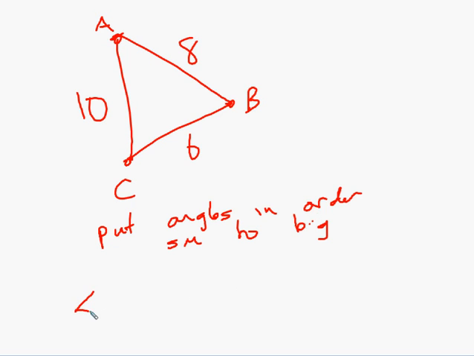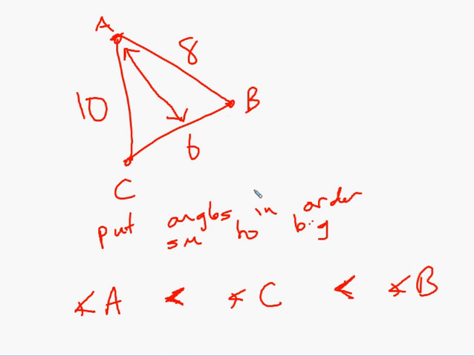Angle A. How do you know? Because the smallest angle is opposite the smallest side, and 6 is the smallest side. How about the next biggest? Angle C, because 8 is the next biggest side. Then obviously angle B is left. Notice I used all less thans.